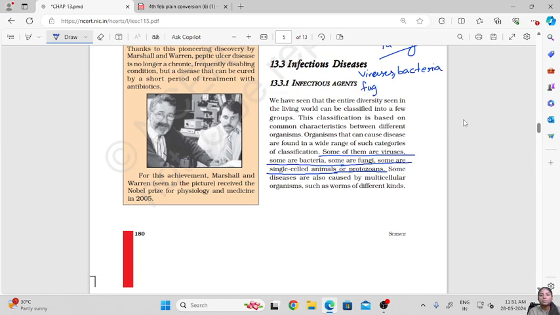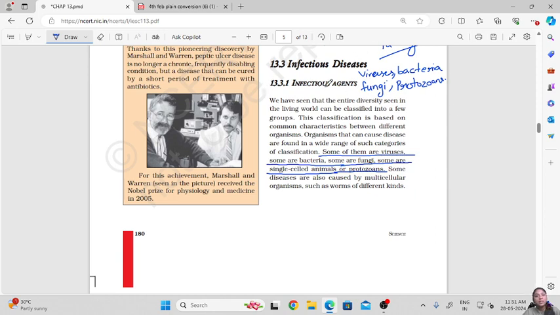fungi, or the protozoans. Now some of the diseases are also caused by multicellular organisms.